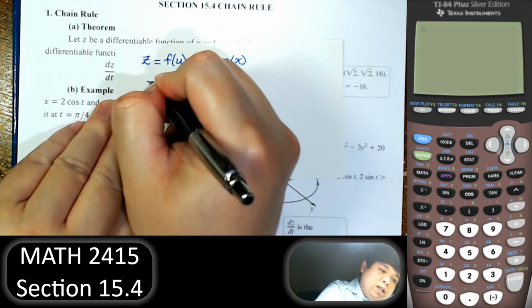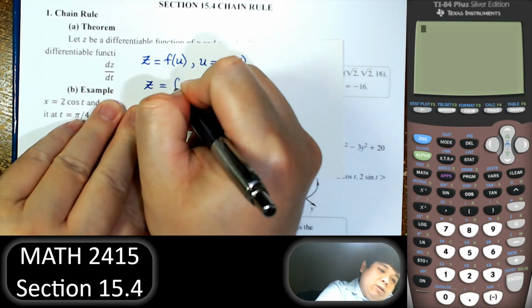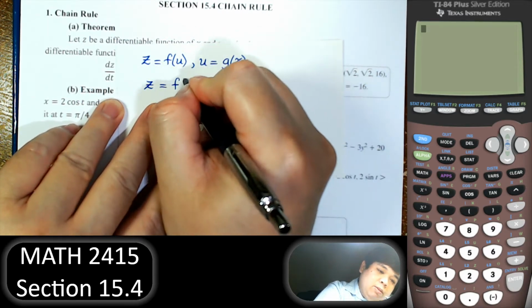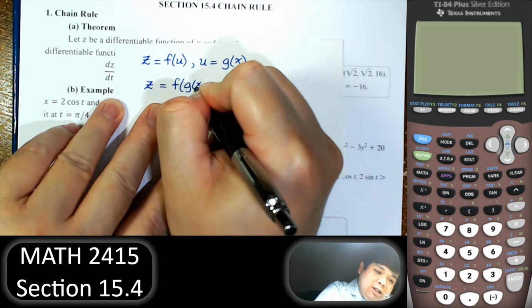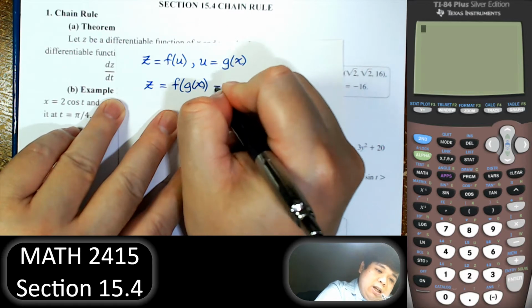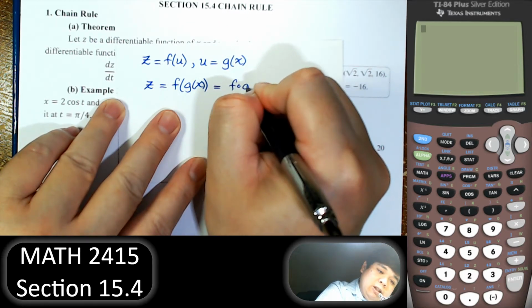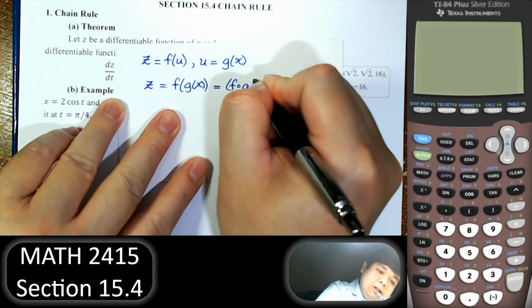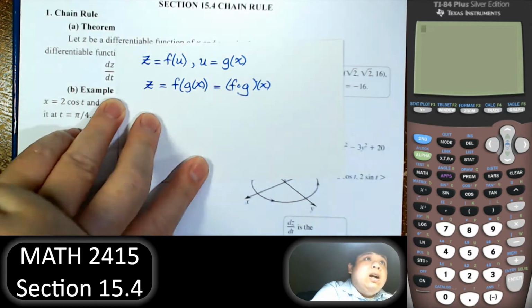So we can write z as a function of g of x. Or we can say like that.